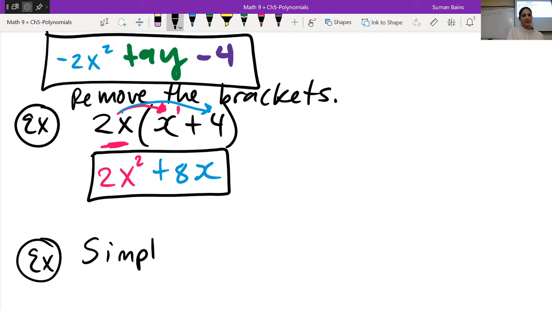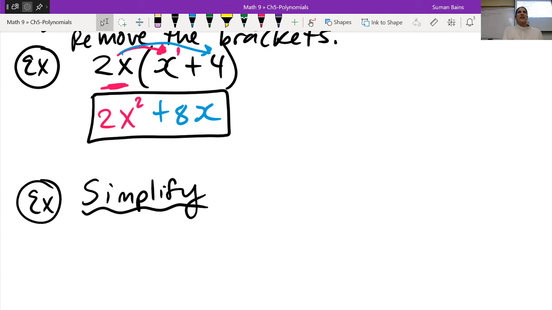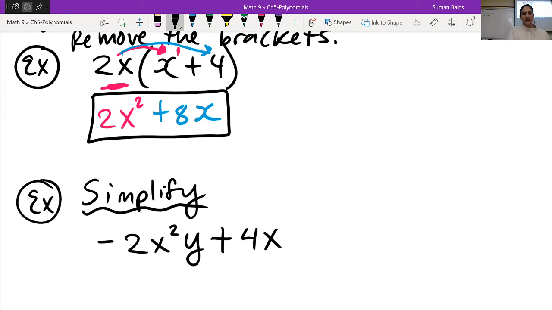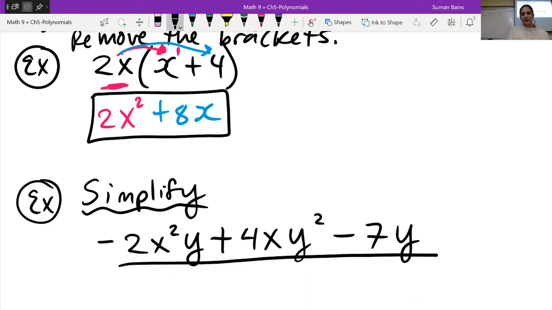one that says simplify. And I'm going to go a little bit crazy with this, but I feel like you're ready. So if we have negative 2x squared y plus 4xy squared minus 7y, all divided by negative y.